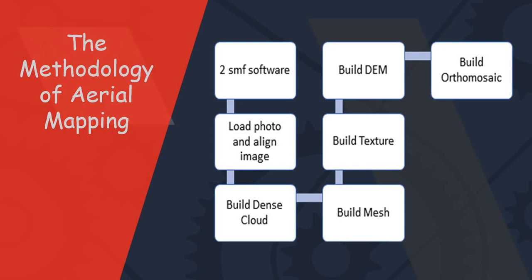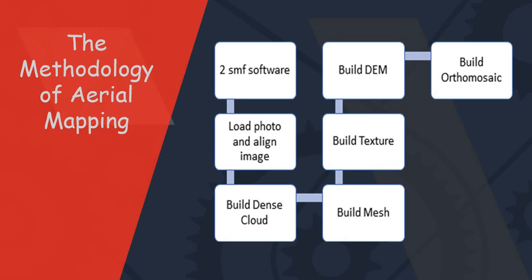Based on the point cloud information, whether dense cloud, sparse cloud, or point cloud uploaded from an external source, Metashape will reconstruct a polygonal model, which is the mesh. The next step is to build the texture.